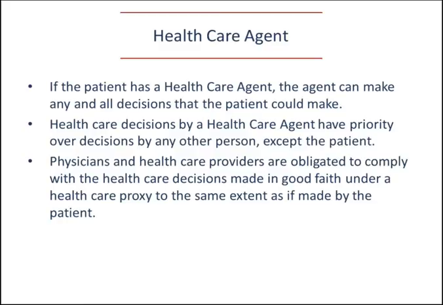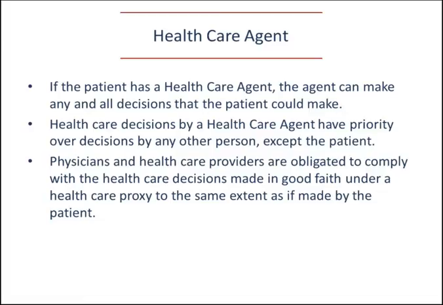So moving on to healthcare agent. If the patient has a healthcare agent, the agent can make any and all decisions that the patient could make. The agent stands in the shoes of the patient. Healthcare decisions by a healthcare agent have priority over decisions by any other person except the patient.